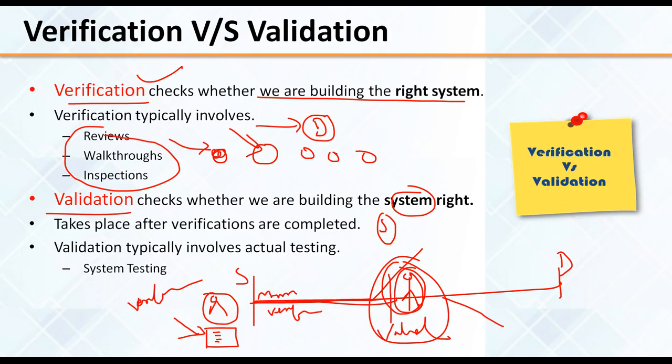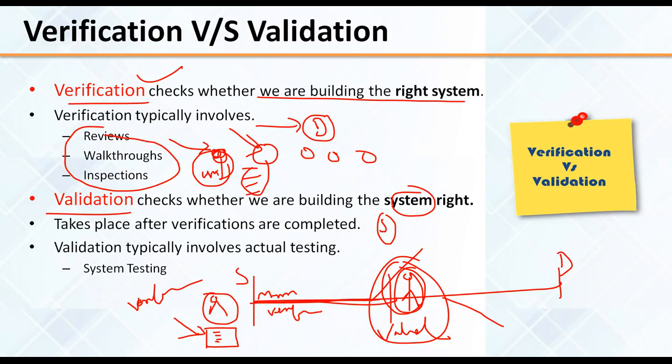Unit testing. But here also we have only programs, not exactly the final software, which is not yet ready. So testing these programs also comes under the verification part. Now you understood the difference between verification and validation.